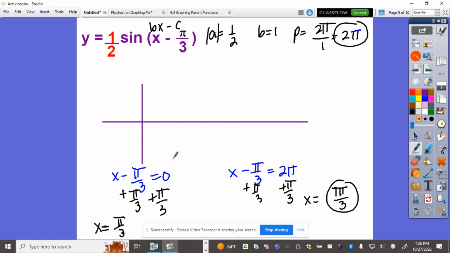Okay, so if this is 0, let's say this is pi over 3 here, and this is 7 pi over 3. So now we know that the cycle will be from pi over 3 to 7 pi over 3. That's one complete cycle there.